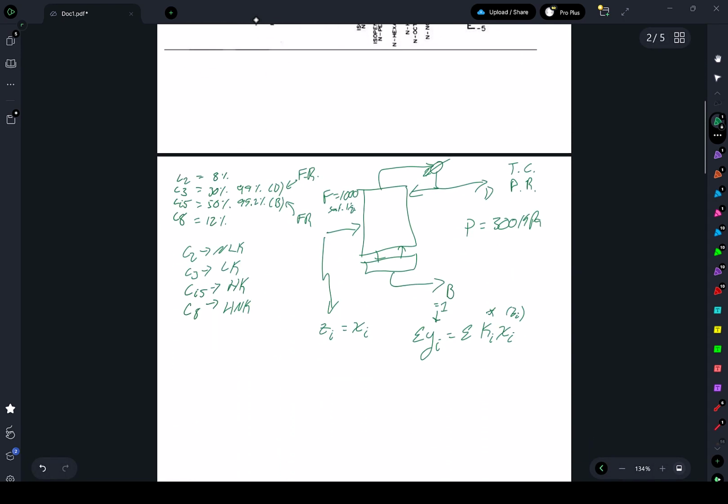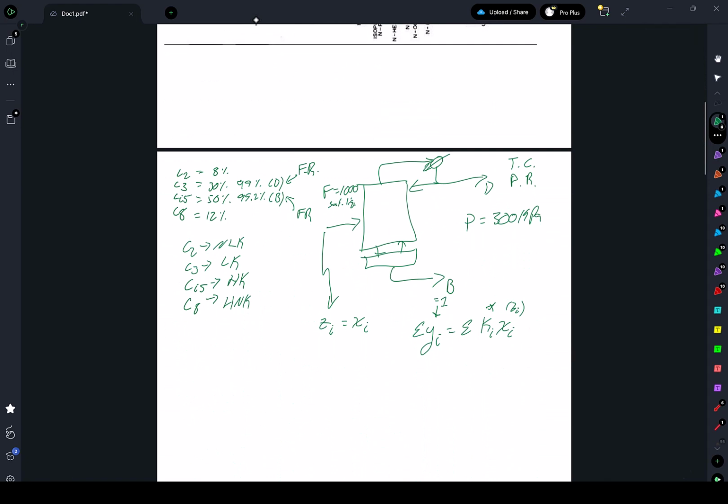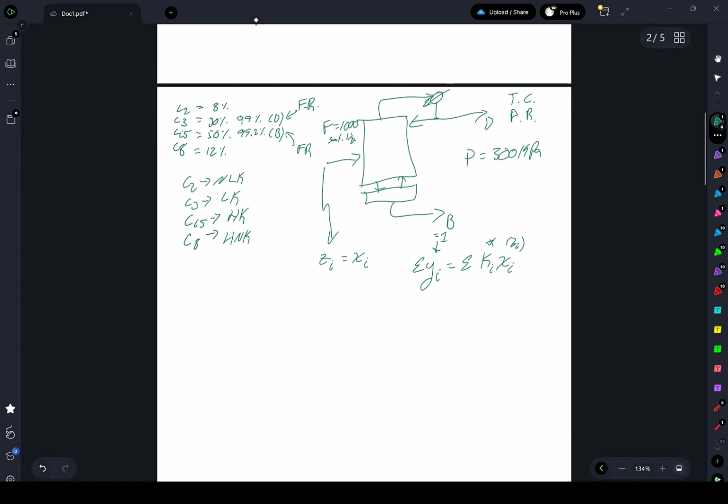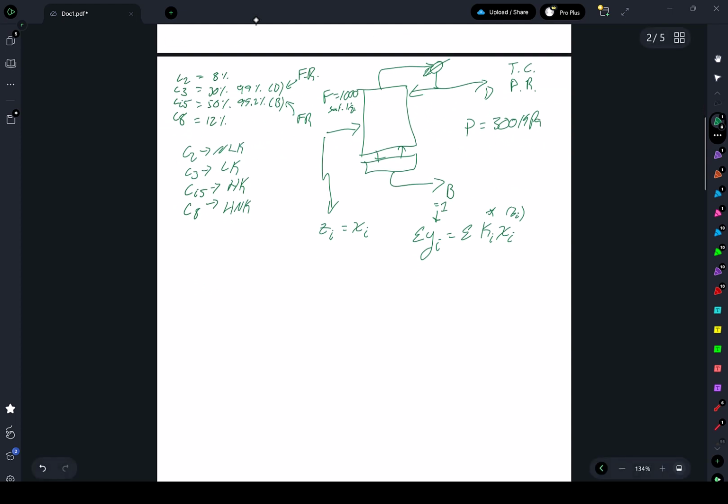We're going to have to use a guess and check method. Since it is a saturated liquid, the temperature we're solving for is also going to be the boiling point of the solution. So we are essentially using a guess and check DePriester chart method to figure out the boiling point for this solution at the given pressure of 300 kilopascals.